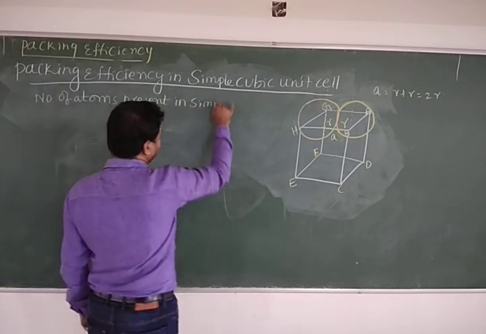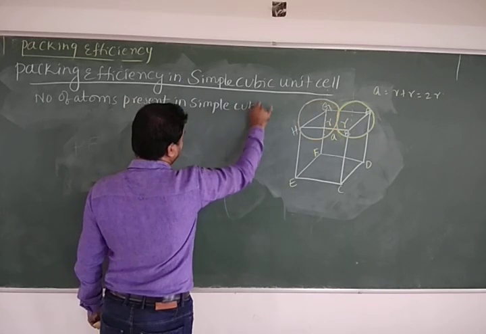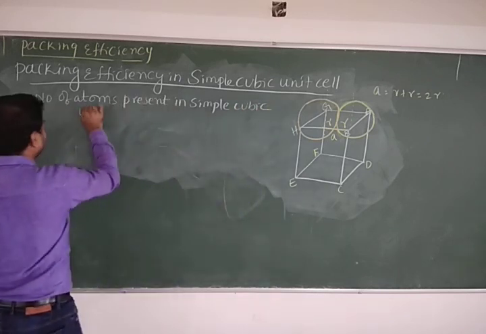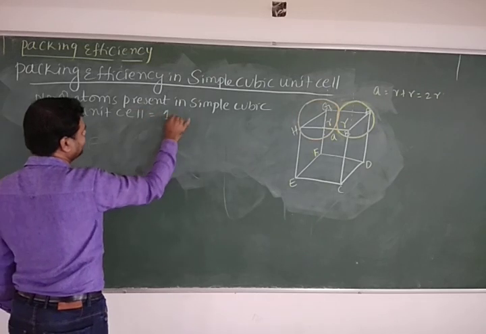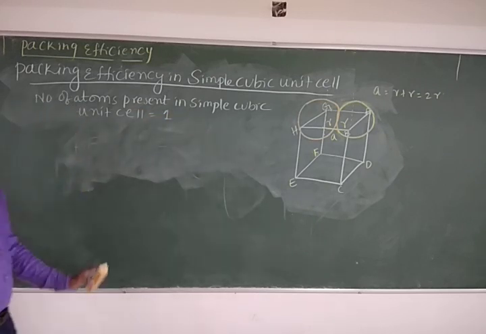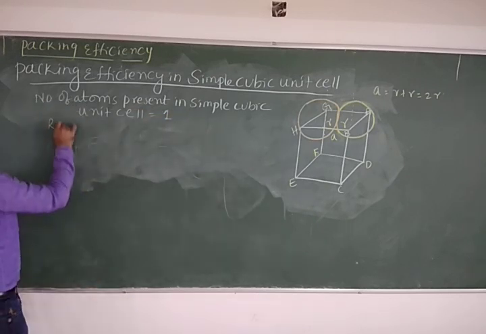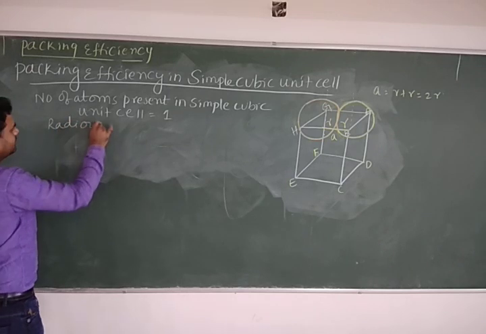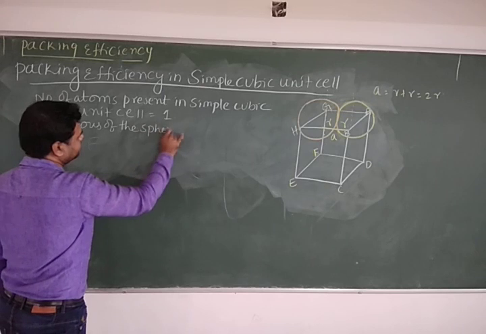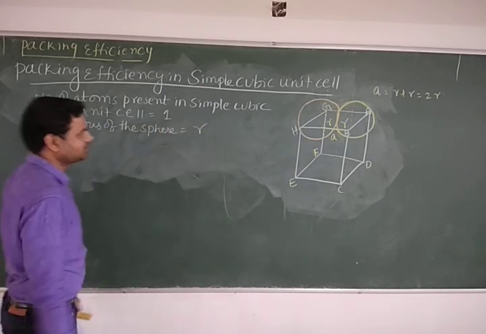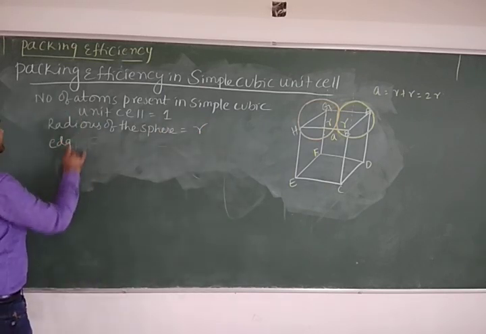Number of the atoms present in simple cubic unit cell. How many atoms are there? Only 1 atom. So that is equal to 1. Next, radius of the sphere. What is the radius of the sphere? r.